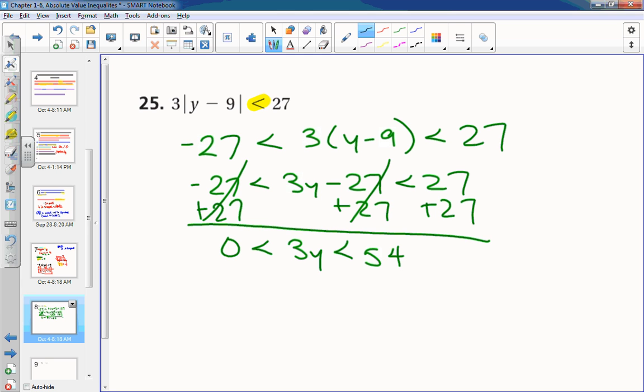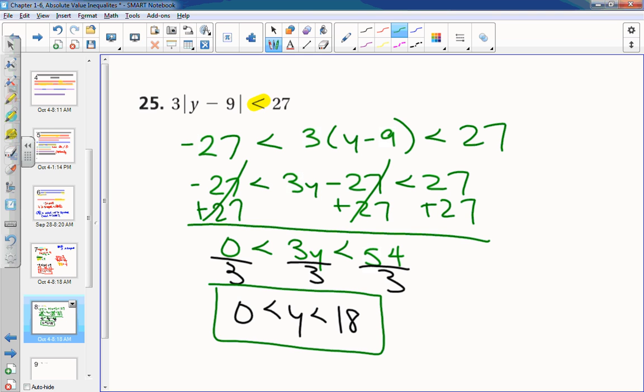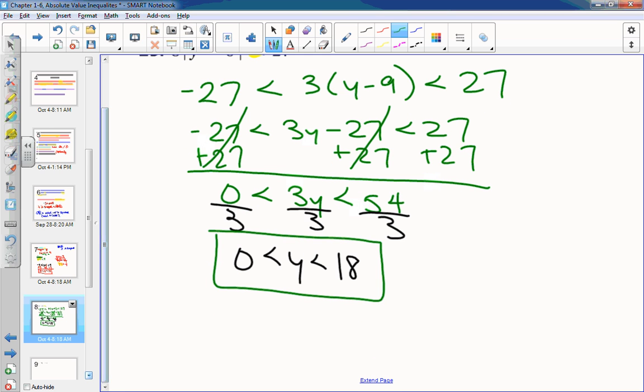And then you divide the left by 3, the middle by 3, and the right by 3. 0 is less than y, which is less than 18. Okay? And you're done. That's your answer. How do I graph that answer? Here's a 0, here's an 18. They're both open, and y is in the middle.